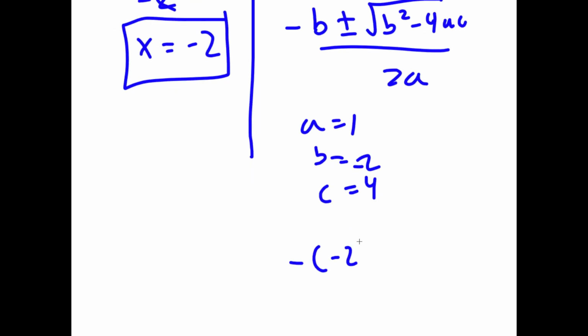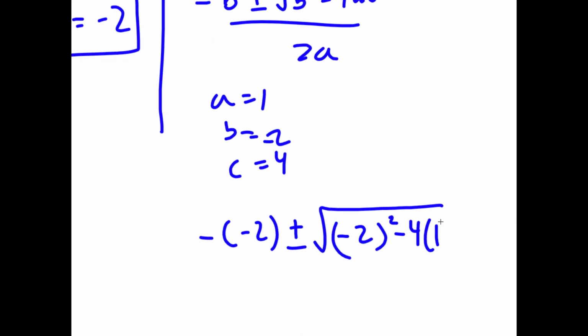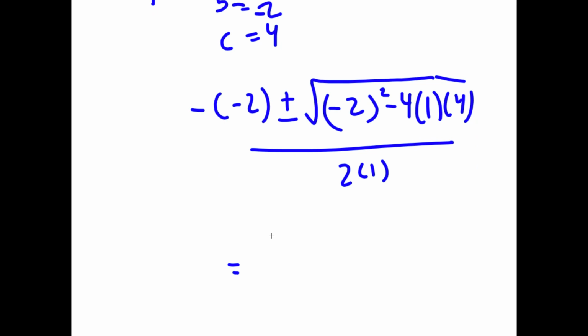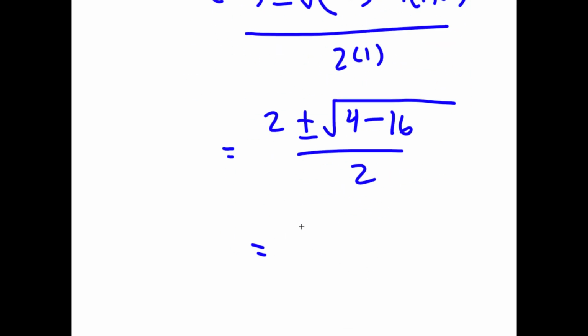So I have negative negative 2 plus or minus the square root of negative 2 squared minus 4 times 1 times 4, all over 2a. Now this is equal to 2 plus or minus the square root of 4 minus 16 all over 2, which is equal to 2 plus or minus the square root of negative 12 over 2.